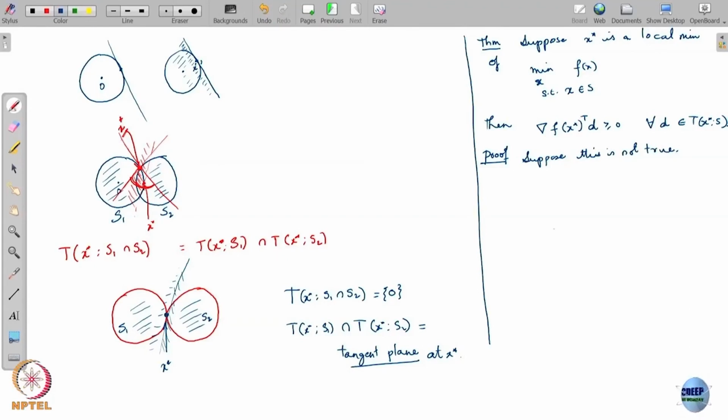Suppose this is not true, then in that case there exists a d in the tangent cone such that grad f transpose d is less than 0.